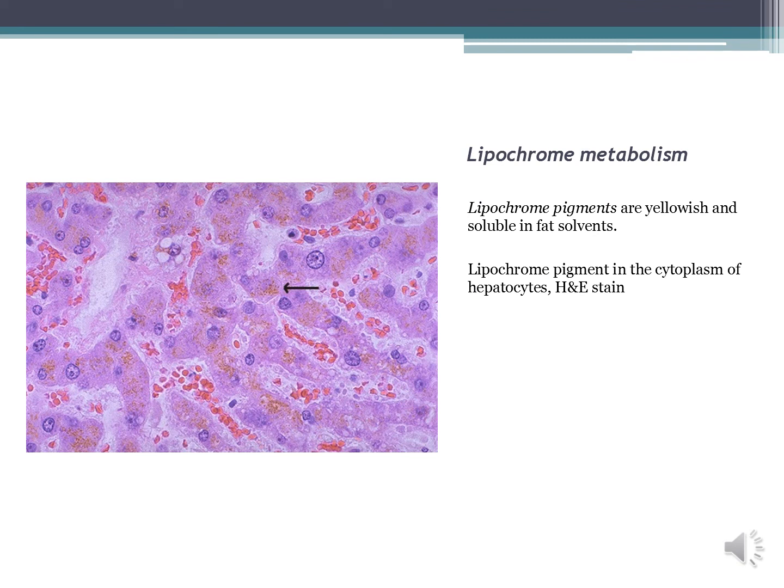Now we go to another pigment, lipochrome. Lipochrome pigments are yellowish and soluble in fat solvents. Lipochrome pigments in the cytoplasm of hepatocytes are seen here in the picture at the left. The arrow shows this accumulation of yellowish pigment.